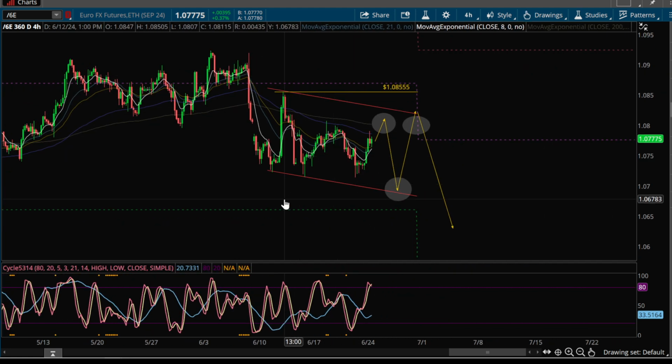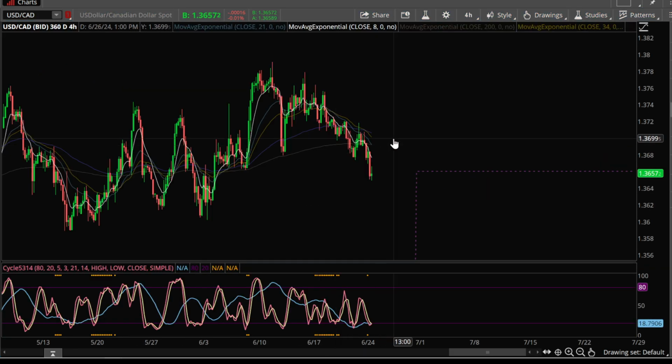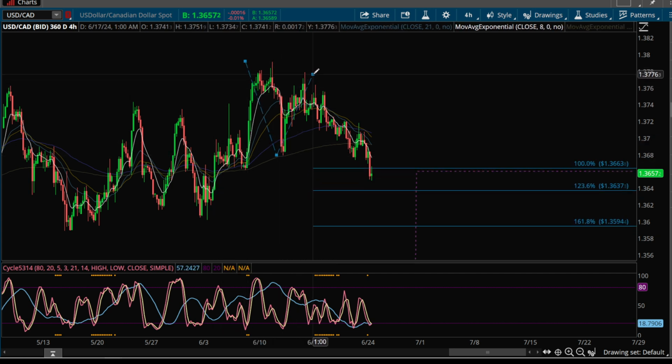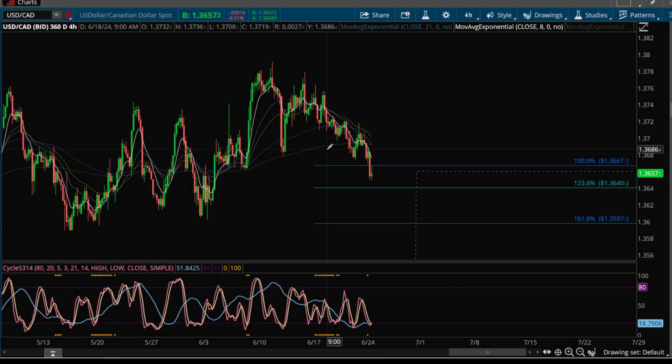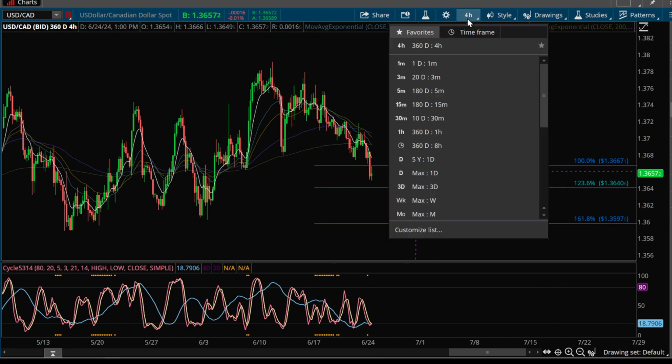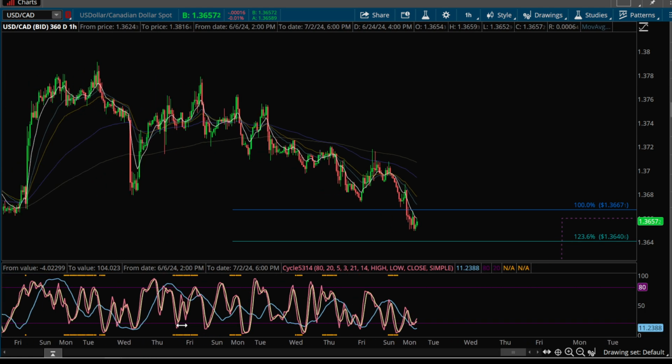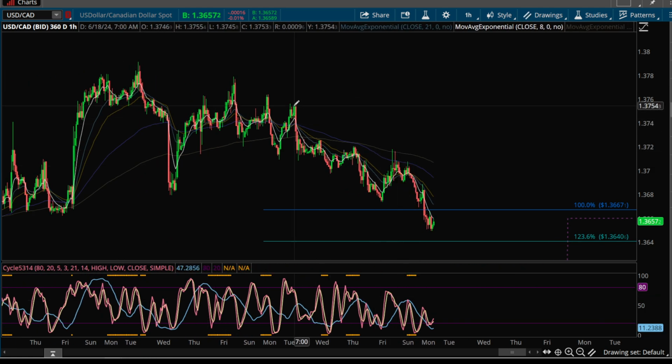That is Euro dollar. What do we got on CAD, right? Let's go to dollar CAD because we're sitting right here inside of our 100 and our 123.6. All right, and if we dive down to this structure a little further, this structure should be complete because you've got a running flat right here.